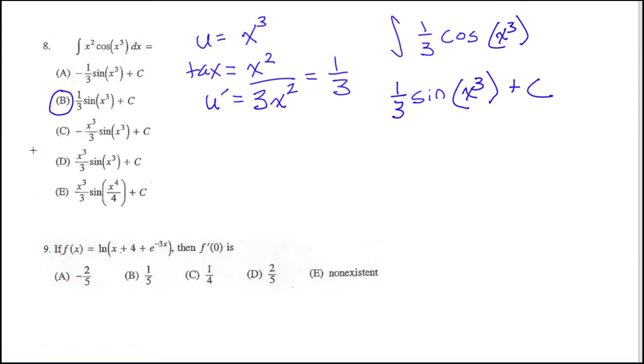Wait, I have a question. Why wouldn't we multiply the 1/3 sine of x to the third times x to the second? Like the inner. So inner is taxman. Taxman encompasses inner. Yeah, so it makes the integral super easy if you use taxman.